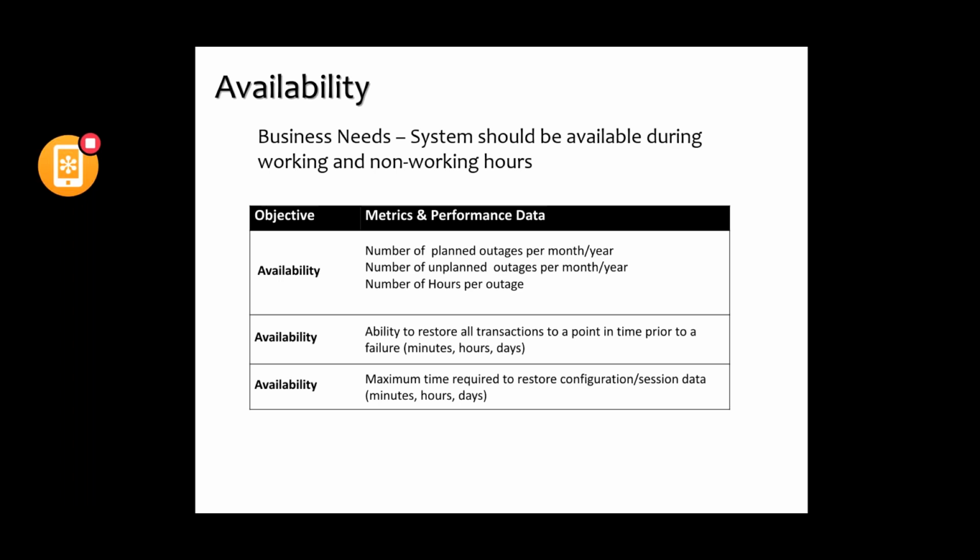Whenever we document such requirements, we need to find a metric or a criterion which can be used to measure that quality attribute of the application. For availability, the quality attributes are the number of planned outages, unplanned outages, whether the system has the capability to bring all the transactions to a point in time prior to a failure, and the maximum time to restore all of the data, configuration or session data.